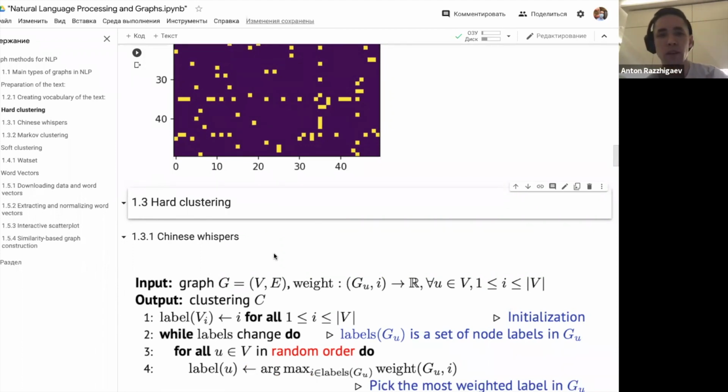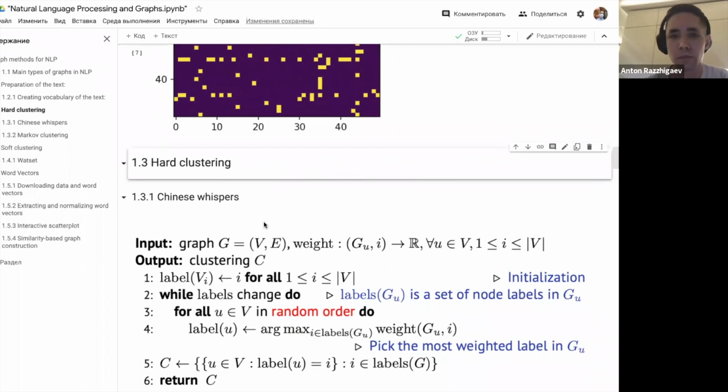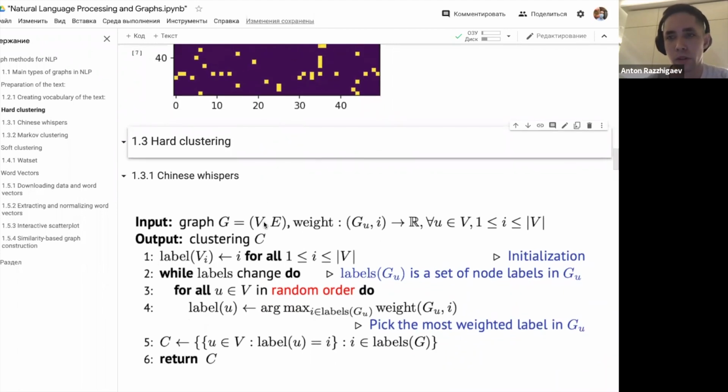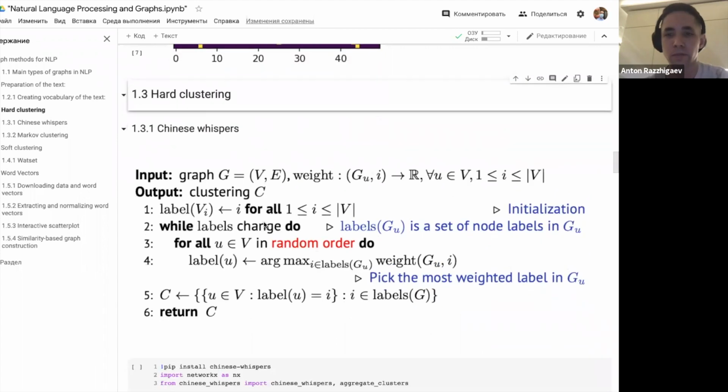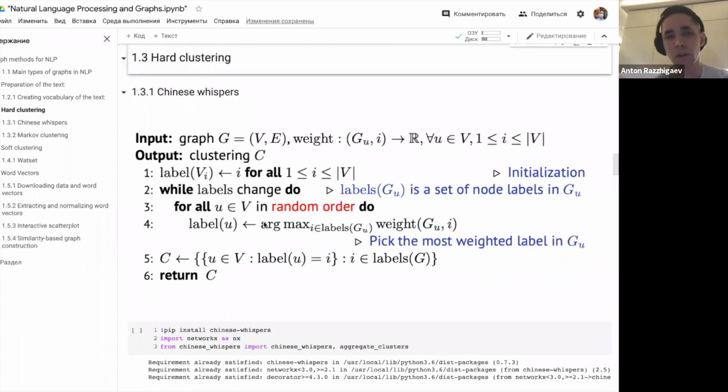To start with, we will use hard clustering. The most common algorithm in NLP for hard clustering is Chinese whispers. It is a simple iterative algorithm which divides a graph into clusters.